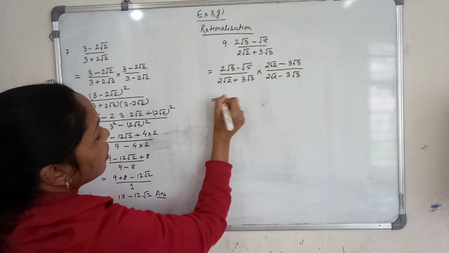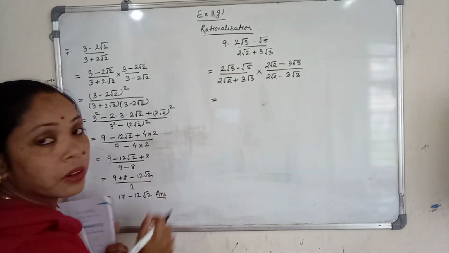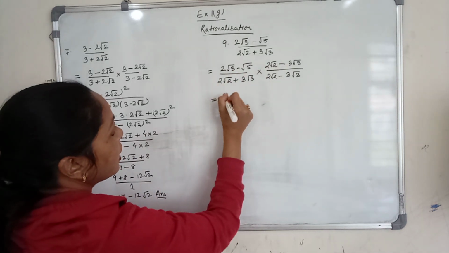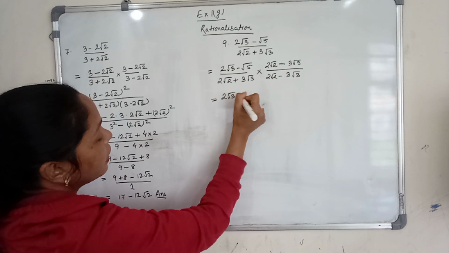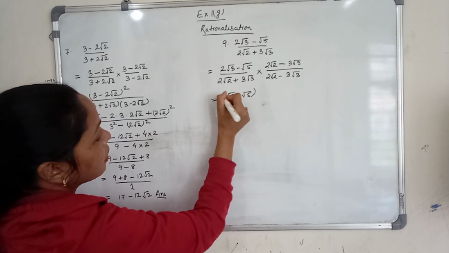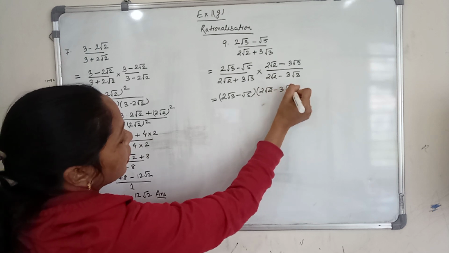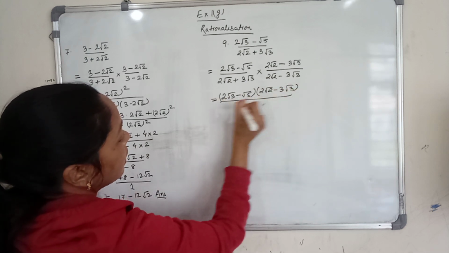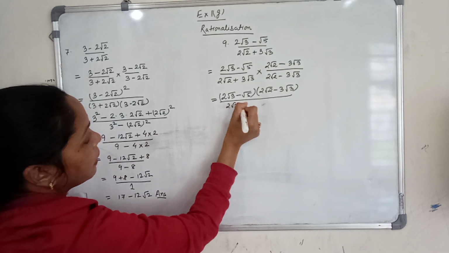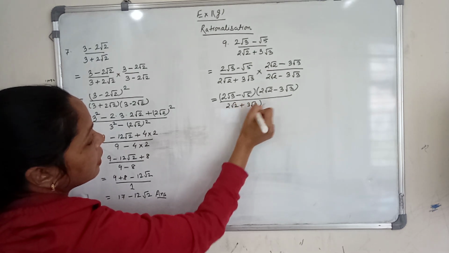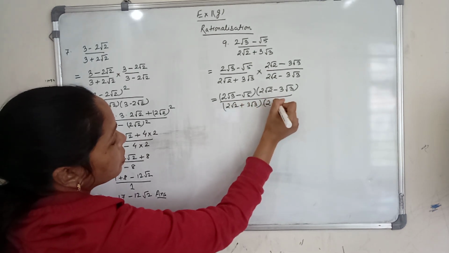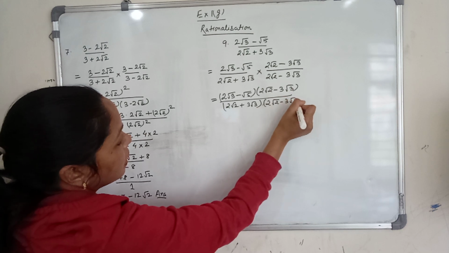Now this one is a difference, so we cannot use the formula. We'll do the product. (2 root 3 minus root 5), and this one will be (2 root 2 minus 3 root 3), by (2 root 2 plus 3 root 3), and this one will be (2 root 2 minus 3 root 3).